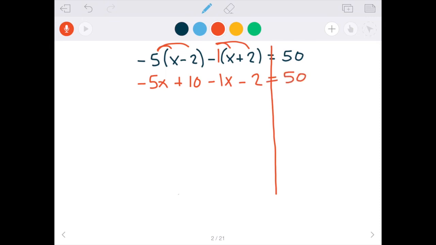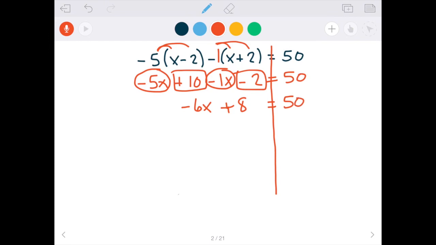The next thing we would do is combine our like terms. So I see that I have a -5x and a -1x. That makes -6x. I also have a +10 and a -2. That makes +8 equals 50. Now I'm going to make a zero pair with the constant 8 so that I can eliminate that from the left side of the equation.